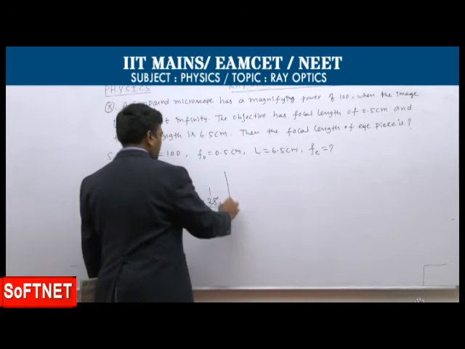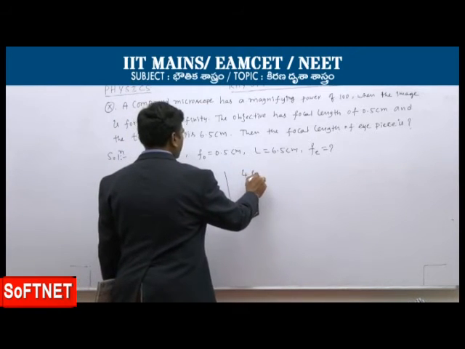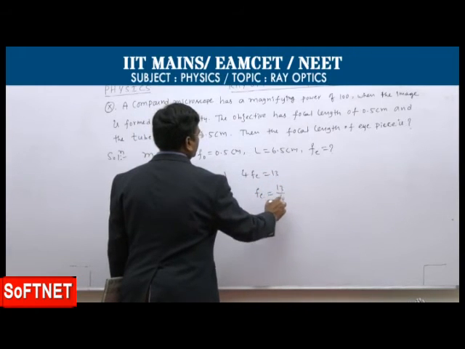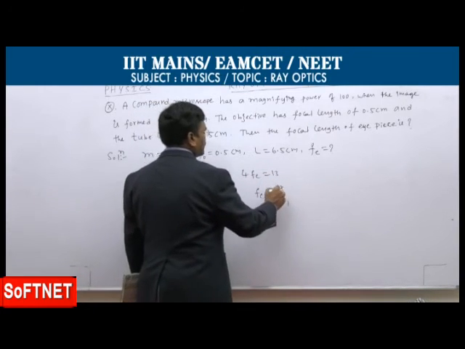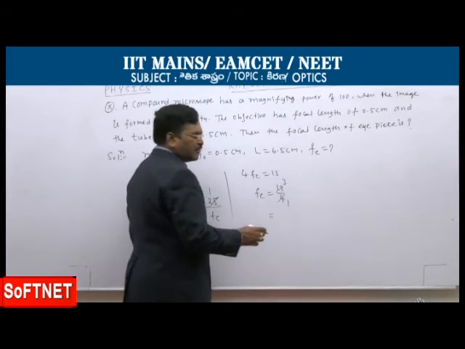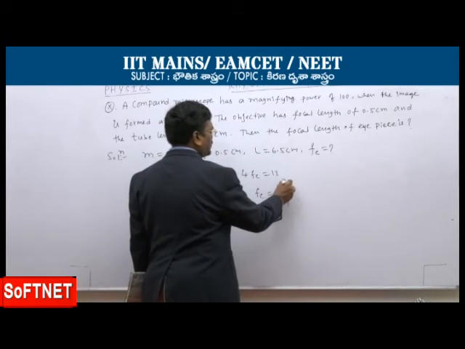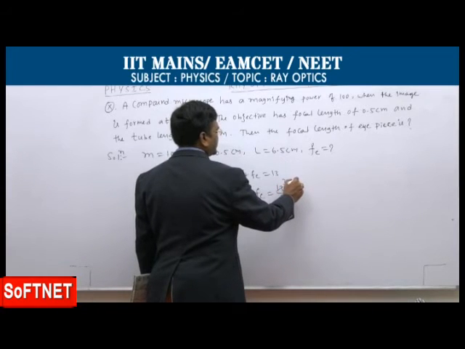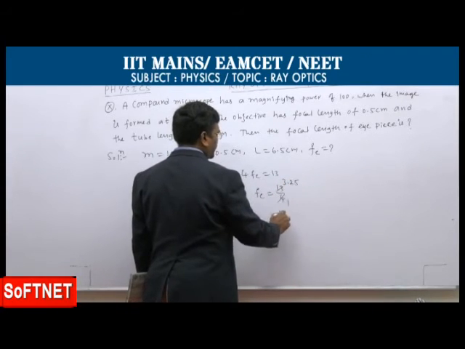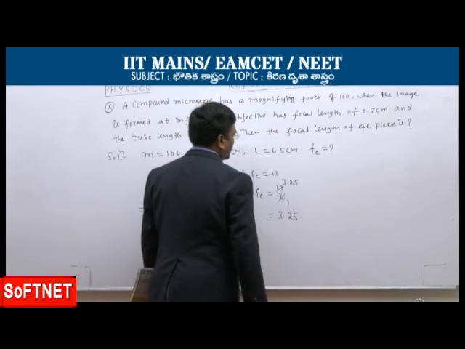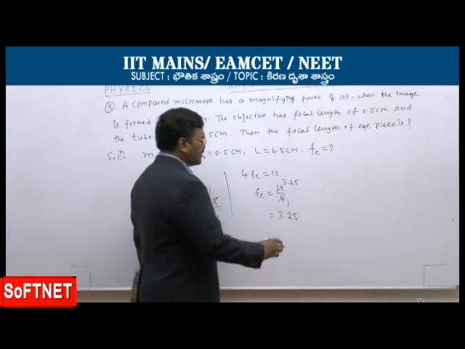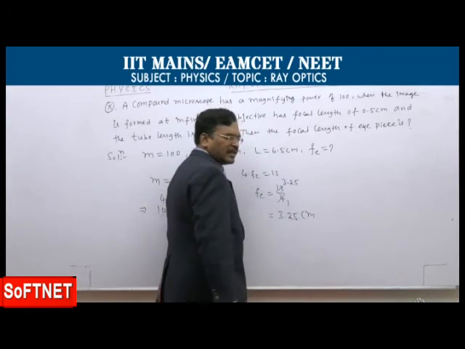So 4 Fe is equal to 13, and Fe is equal to 13 by 4, which is 3.25 centimeters.